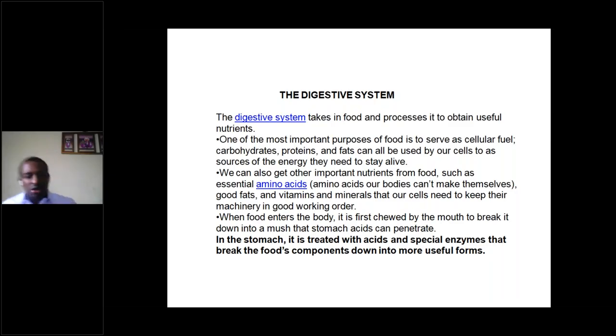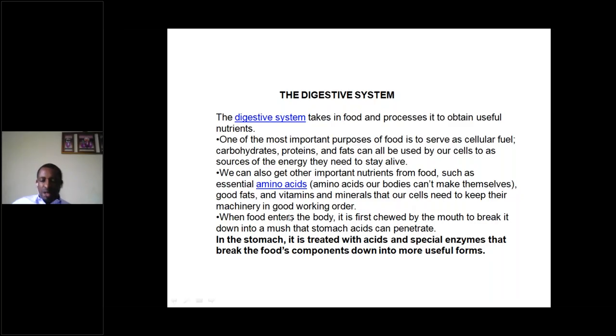There are also important nutrients in the food, the essential amino acids, which our body cannot make by itself. So when these nutrients are extracted, the carbohydrate and protein can be used by the body to produce some amino acids and good fat. You know, there's good fat, there's bad fat, that's the LDL and the other one. Then the vitamins and minerals that our cells need to keep their machinery working.